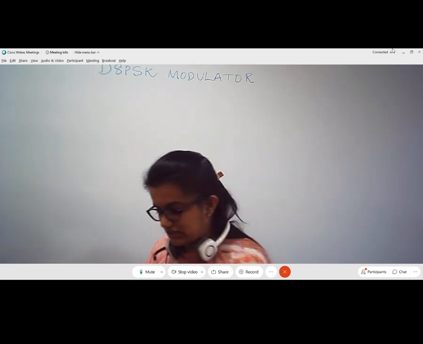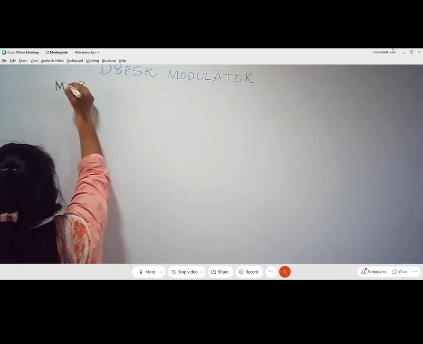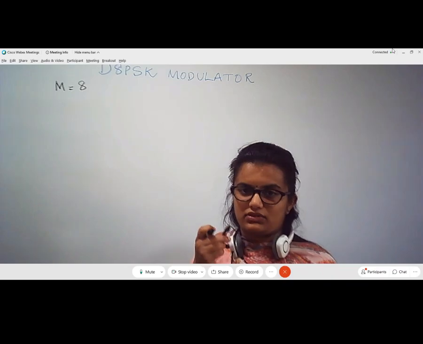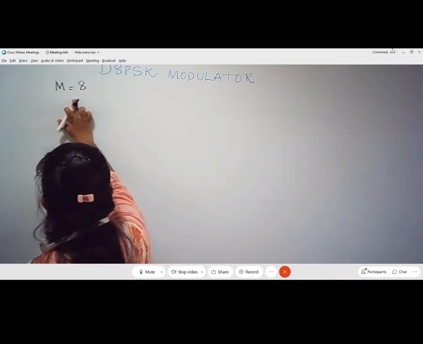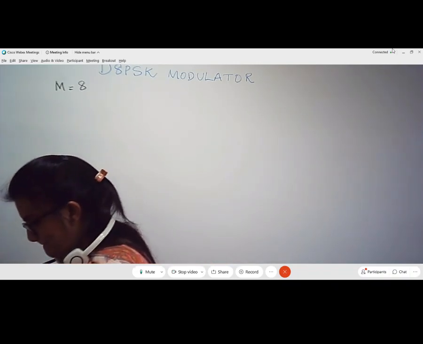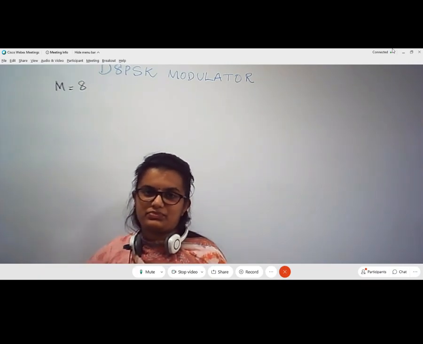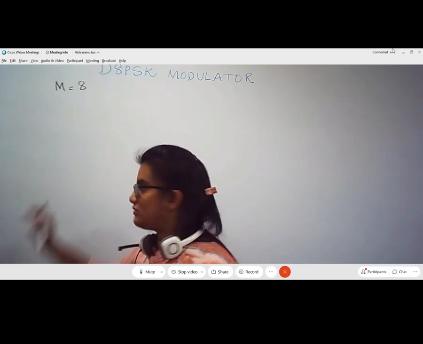So in this scenario, M is equal to 8. That means how many bits per symbol? Calculate and tell me. How many bits constitute one symbol? No answer? 3. Okay.